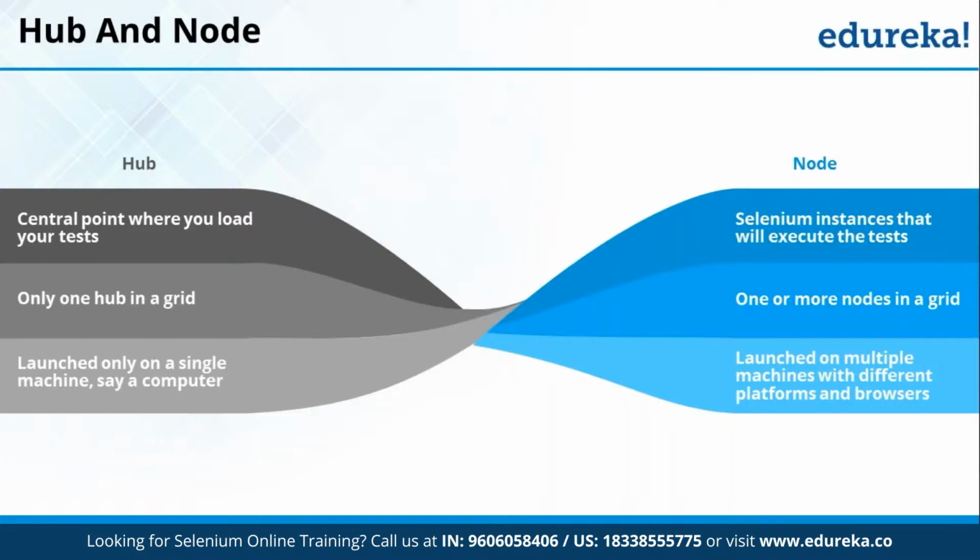Only one hub in a grid. So in this entire grid system, we'll have one hub and multiple nodes. Launched only on a single machine, say a computer. Now, if you want to launch a hub, obviously this entire configuration consists of systems, so you can launch this only on a single machine, let's say a computer.